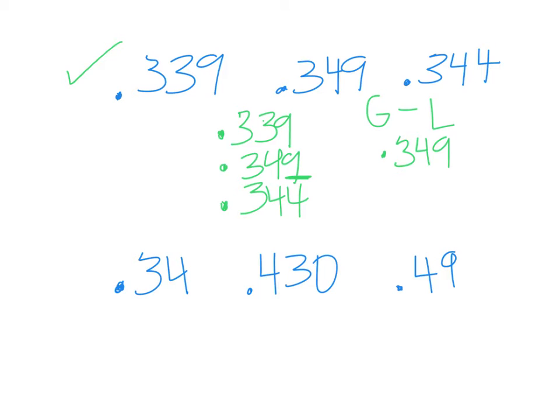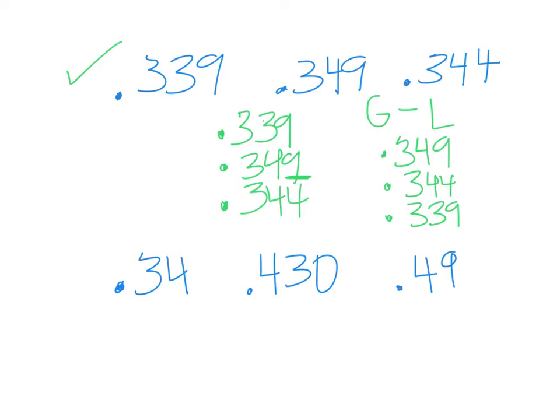Then the second largest one would have to be 344 thousandths. And then the smallest would have to be 339 thousandths. So you wouldn't have to do a lot of extra work there other than lining them up, being really careful with your place value, being nice and neat, and really just comparing some 3-digit numbers.